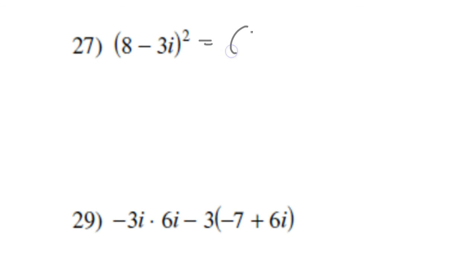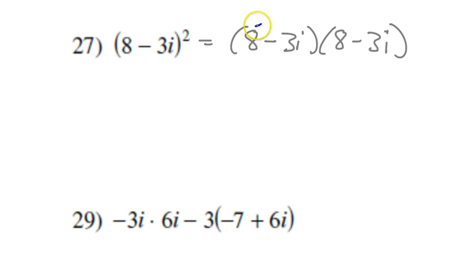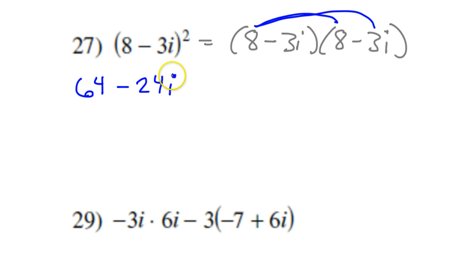Again, when you have a binomial squared, you cannot just square the parts. This is 8 minus 3i times 8 minus 3i. So we will have to do our double distributive property. We've got to FOIL it, if that's how you call it. So 8 times 8 is 64. 8 times -3 is -24, so -24i.